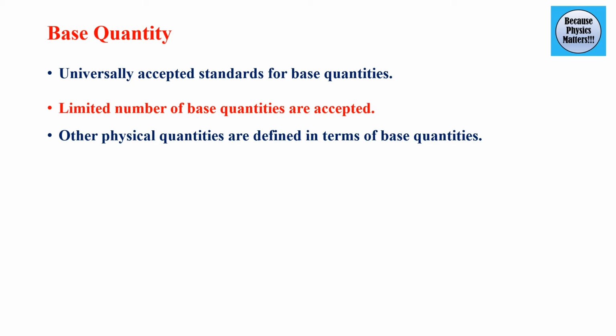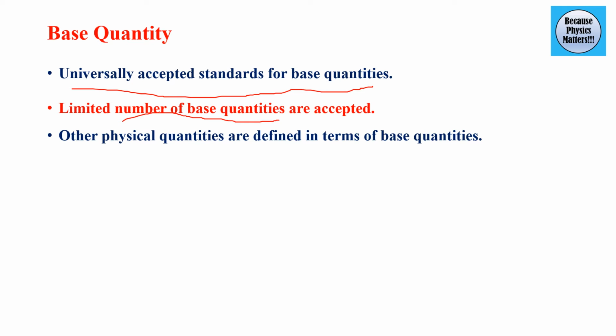Here you can see there are a few points which you must remember. The universally accepted standard for base quantity: the base quantities are adopted in such a way that they are universally accepted. The second thing is that a limited number of base quantities are accepted. According to the SI system, we have 7 base quantities, and other physical quantities are defined in terms of base quantities.